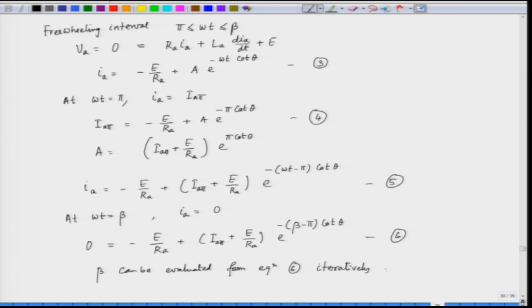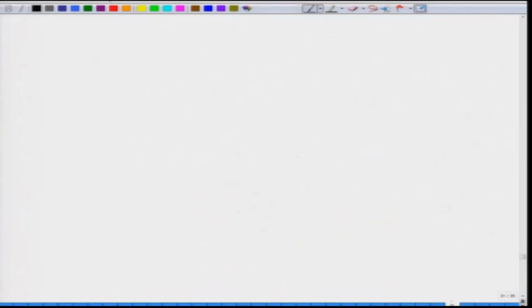as before. Now, if we want to find the average value of the voltage under discontinuous current operation, we have to do an integration. So, the integration can be performed like this. V_A is the average value of the voltage over one half cycle.